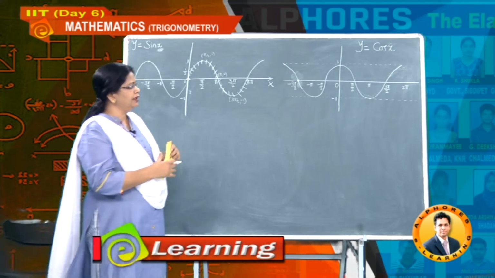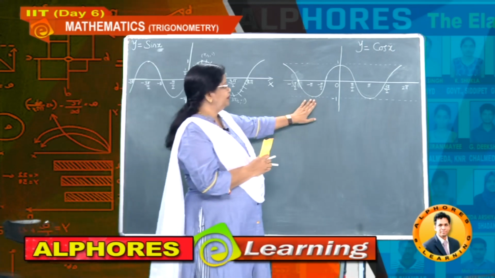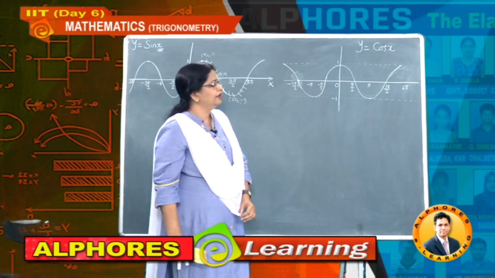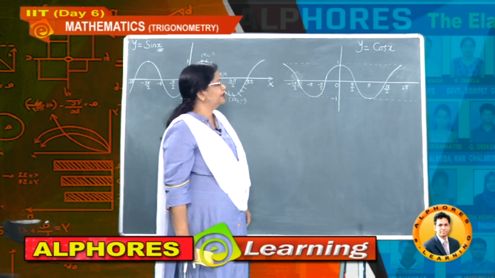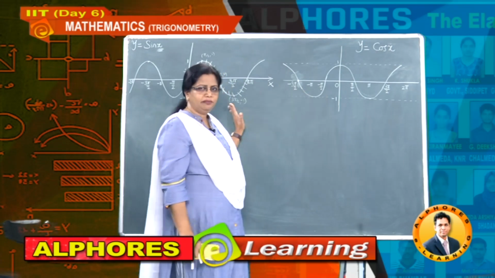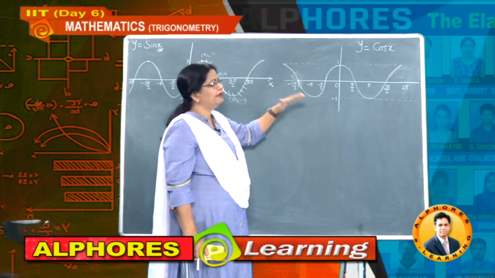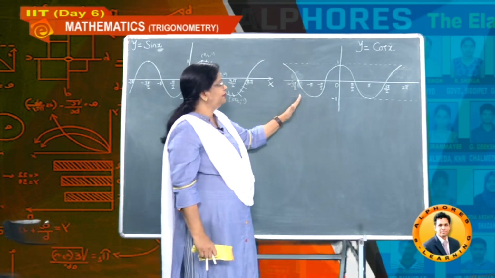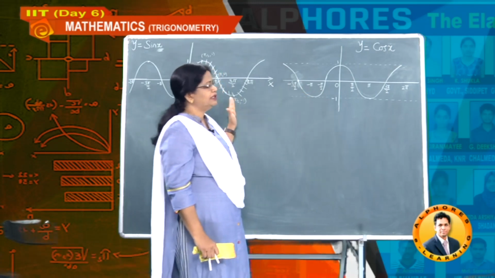Let us come to the cosine function. Now this is the cosine function. How is the cosine function? This is also just like this, a wave form. What is the only difference between this shape and this shape?